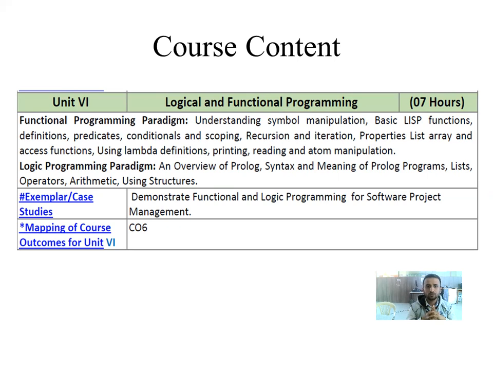In this 6th unit, we are also going to have one case study, that is to demonstrate functional and logical programming for software project management. So with the help of this case study, we are going to demonstrate functional and logical programming for our software project management. So this is the 6th unit. So this is all about our course content.